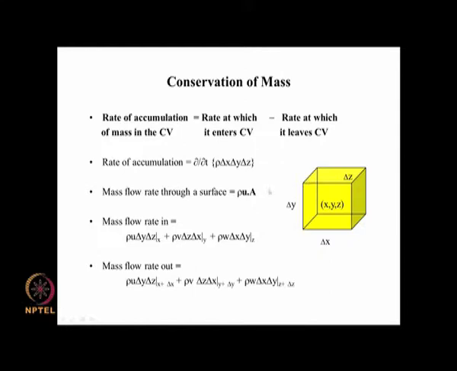Here this is a dot product, so if the velocity is at an angle to this face, then less flow is entering, and if the velocity is parallel to this face, then it cannot be entering the control volume. Okay, so that is why we take a dot product between the outward normal vector of the face, which is A here, and the velocity, which has a certain orientation.